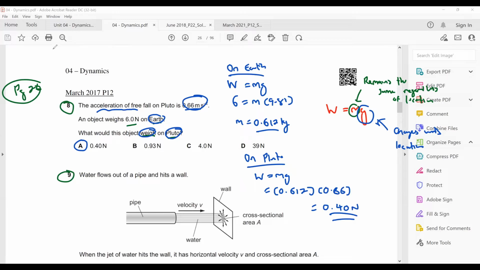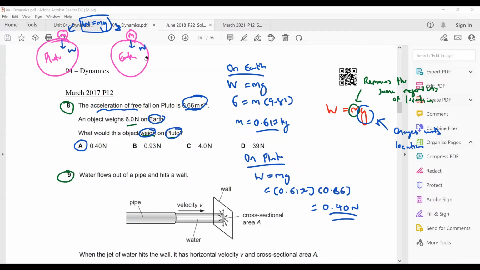Between the object on Pluto and the object on Earth, when I wanted to find the weight of both objects on both planets, you would agree that the equation W equals mg is applicable for both cases, right? Whether you're talking about the object being on Pluto or on Earth, the equation W equals mg applies for both cases.